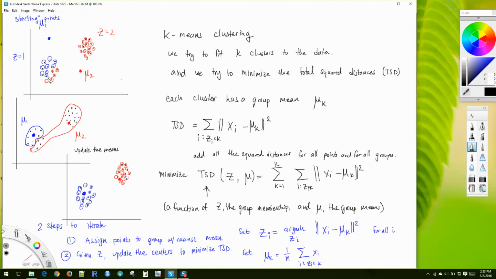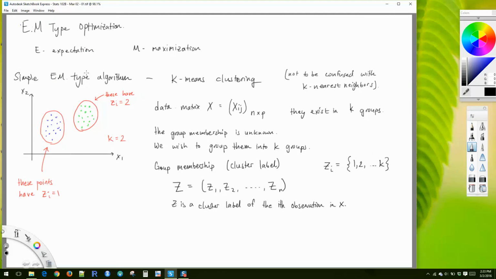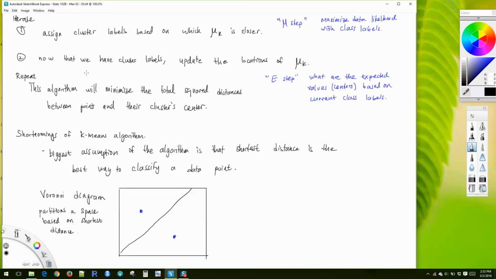Essentially, with these two data points, I drew a path right there that said any of these data points on this side of the line are closer to this one, and any on this side are closer to this point. Okay, so a Voronoi diagram just partitions a space based on closest distance.